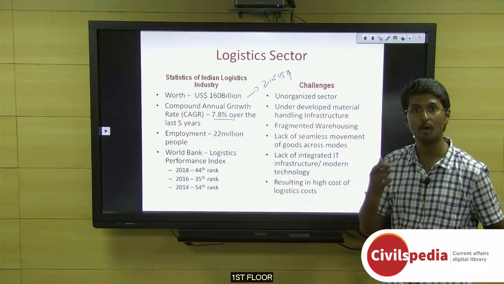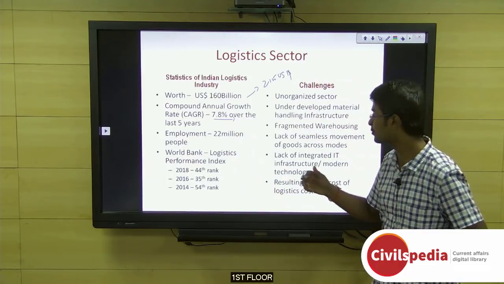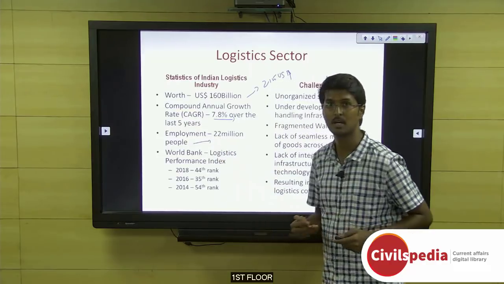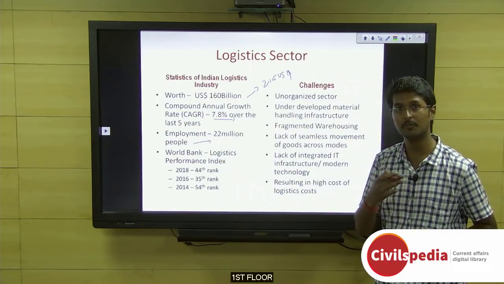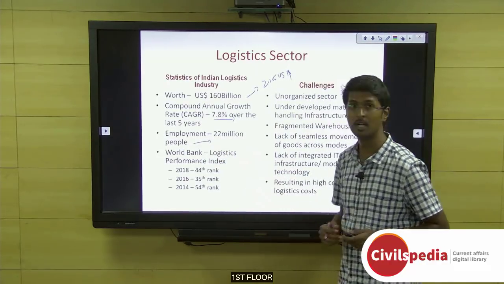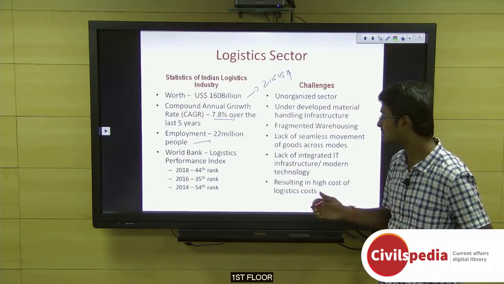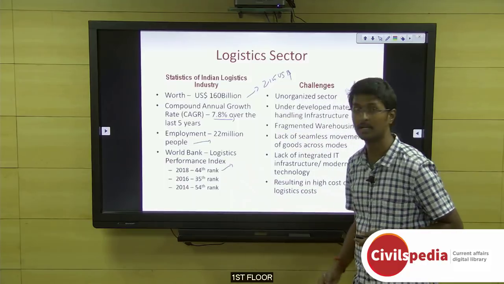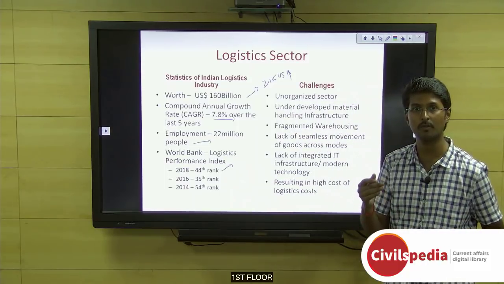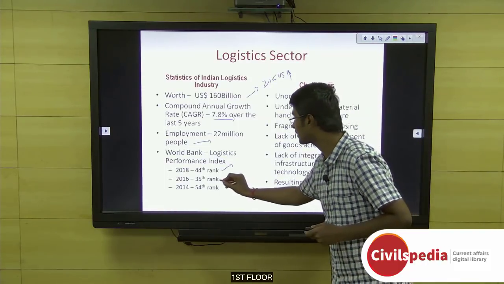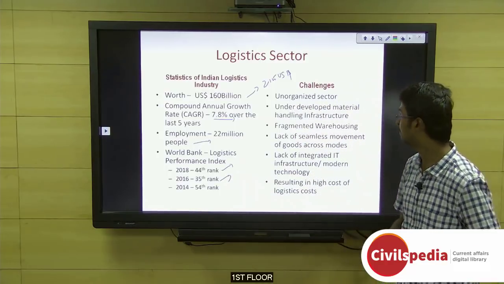And it provides employment, direct and indirect, to 22 million people totally, which is almost around 1/6 of India's population. And the World Bank releases the Logistics Performance Index, and India was ranked 44th in 2018, which is down from the 2016 rank, the 35th rank, which is an all-time best.